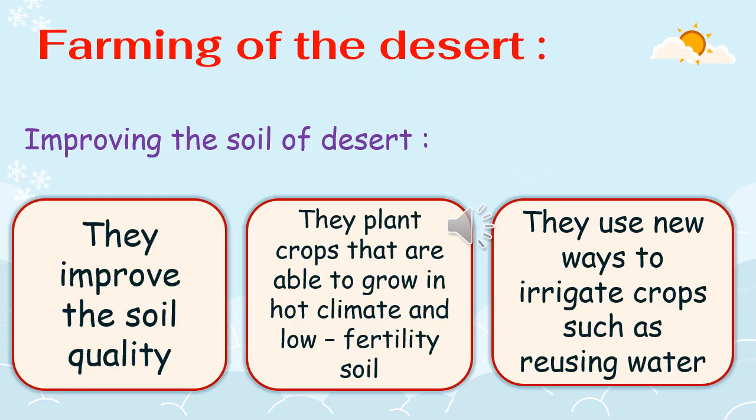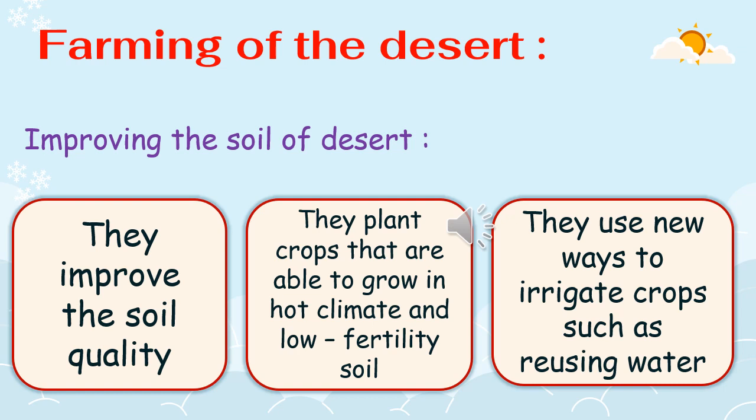As you know, the population is increasing these days, so we try to improve the soil of the desert to use it. Do you know how we can improve the soil of the desert?